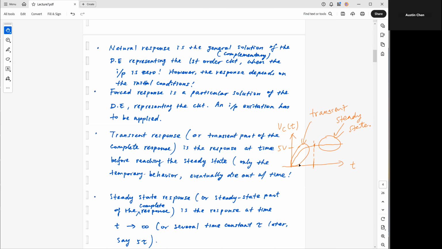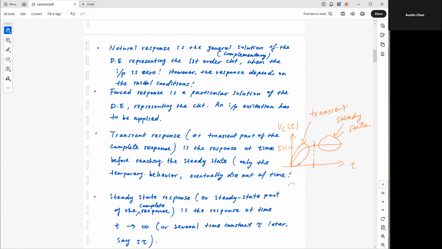If we're willing to wait long enough, then we're guaranteed that this capacitor voltage is fully charged to 5 volts, and the circuit is perfectly settled. But unfortunately, we don't have this infinity to span. So we need to come up with a measure, and we go by the time constant in this case.